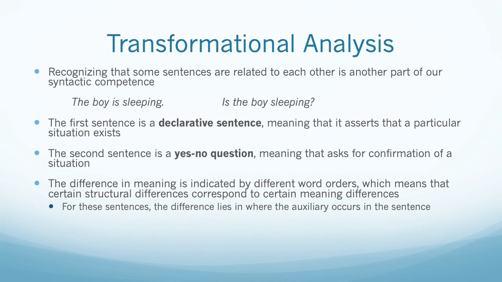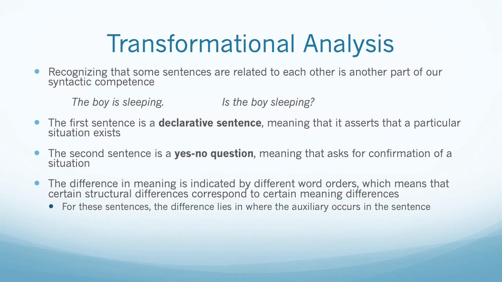Now in English, the way that we do this is by moving the verb is to the front of the sentence. So we change the sentence from a declarative sentence into a yes-no question that asks for confirmation of a situation.